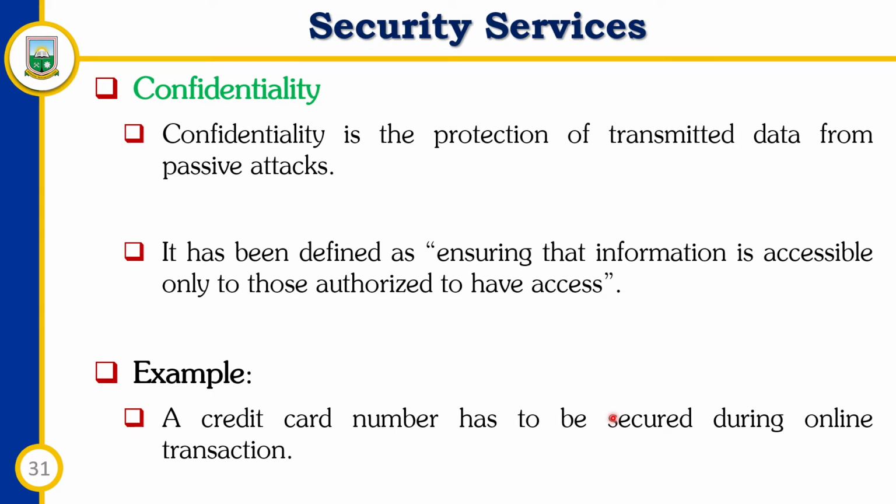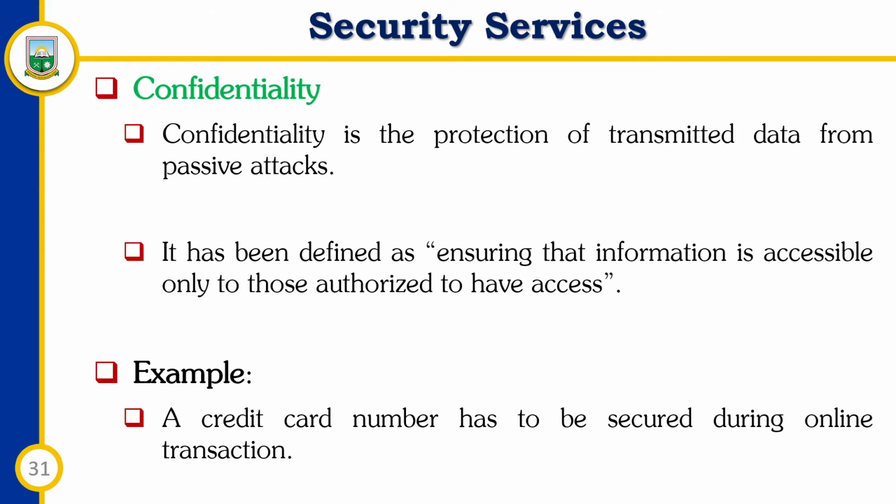Confidentiality is also the protection of transmitted data from passive attack. It's normally used to prevent the disclosure of information to unauthorized individuals or systems. It can also be defined as ensuring the information is accessible only to those authorized to have access.